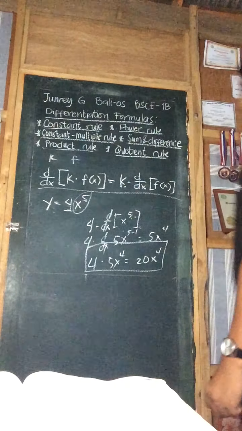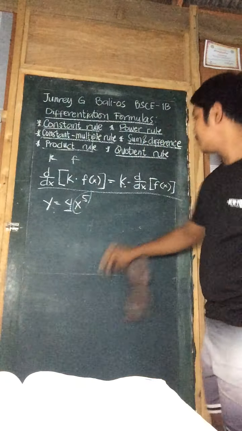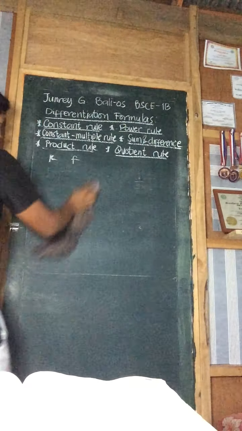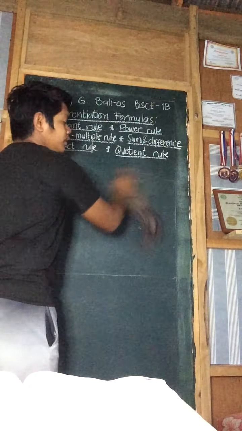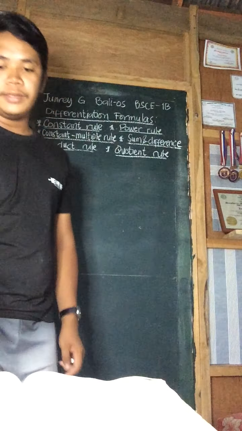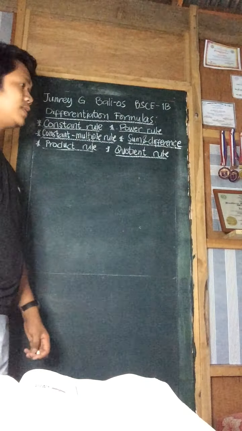Then we will proceed to the sum and difference rule. I will just erase this because I don't have enough space on my board to write my examples. So next is the sum and difference rule. The sum and difference rule is very common.